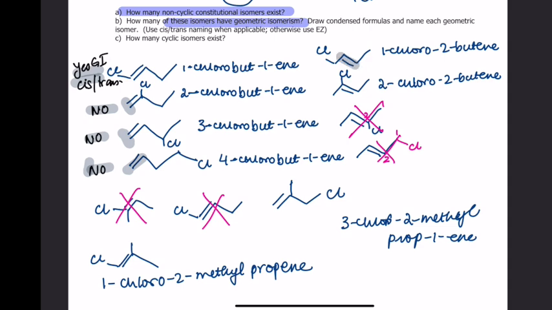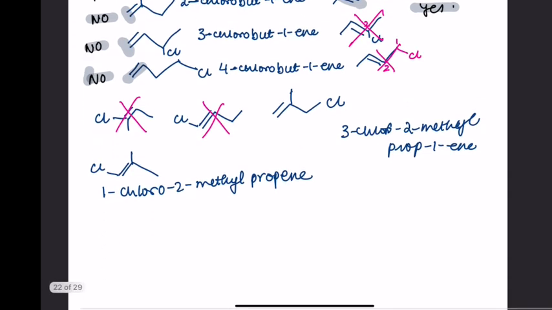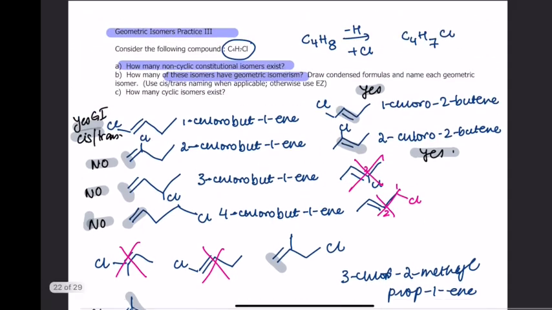In this case, yes, you can have geometric isomerism. So yes, yes. Look here, there is different groups, but these 2 groups are both methyl groups, therefore no geometric isomerism possible. And here there are 2 hydrogens on one side, therefore no geometric isomerism is possible.